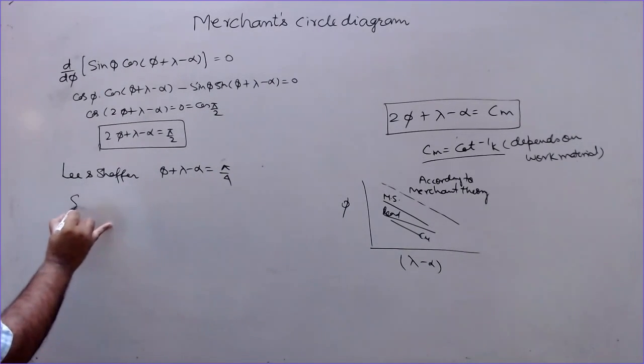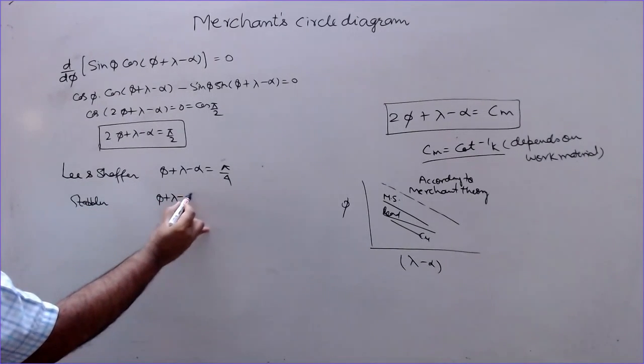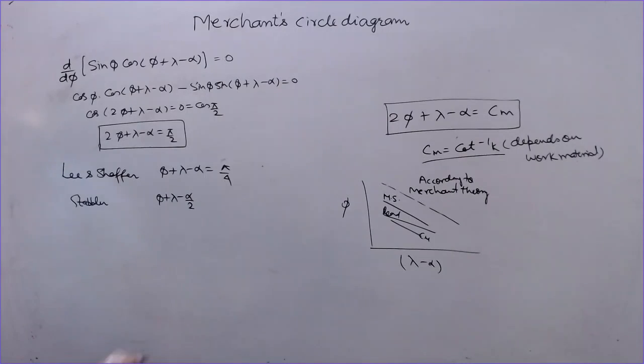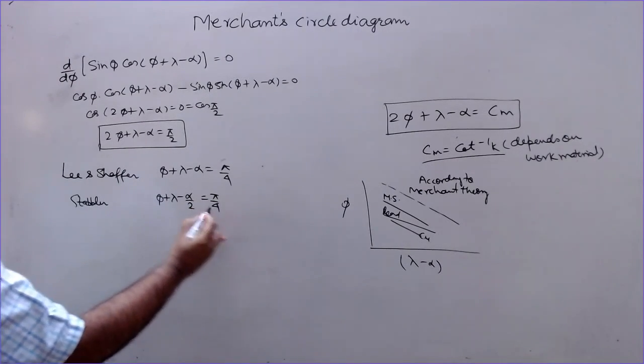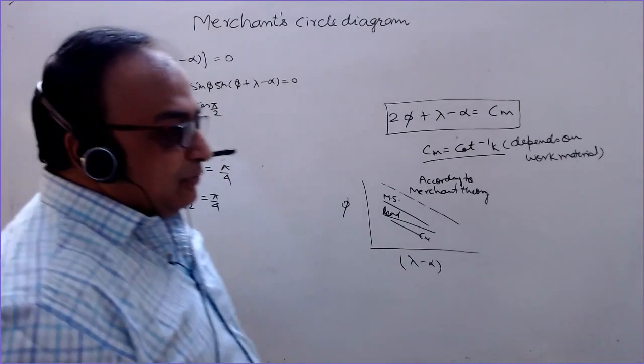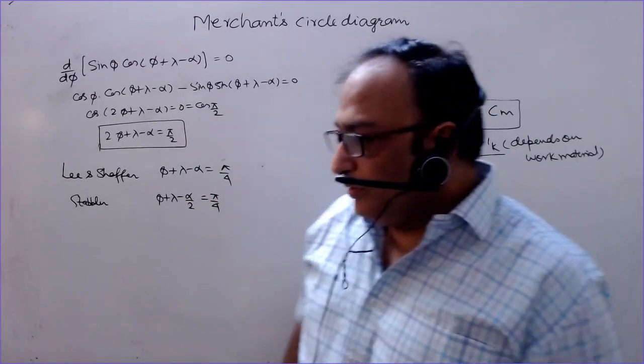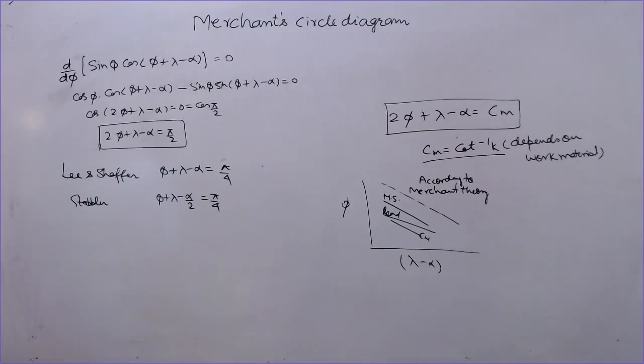Then we have Stabler, phi plus lambda minus alpha by 2 is equal to pi by 4. Sometimes these may be asked to be used in the exam. Otherwise you have to use Merchant's original theory. Sometimes Merchant's modified theory is also used. Generally you will have to use the Merchant theory. So these are some of the theories used for obtaining better results during the cutting operation, in agreement with the theoretical results.